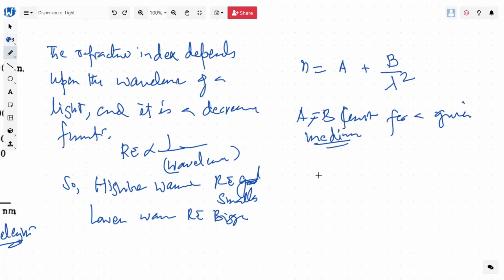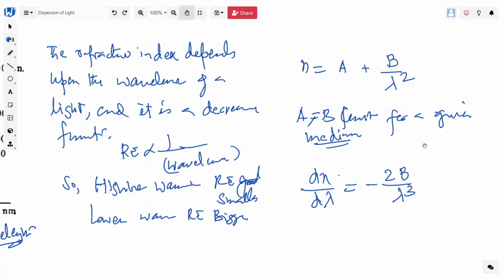If we differentiate it with respect to lambda, you will get dn by d lambda equal to minus 2b divided by lambda to the power 3. It is a decreasing function with a negative sign, and that shows the slope of the curve we were interested in.